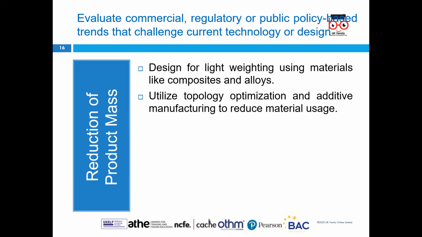So you can have different composites, you can have a different composition of materials, to reduce the product mass, which will help in energy efficiency, or can reduce the challenges in the current technology or design. So this is one of the trends, that is, reduction of product mass is one of the trends.